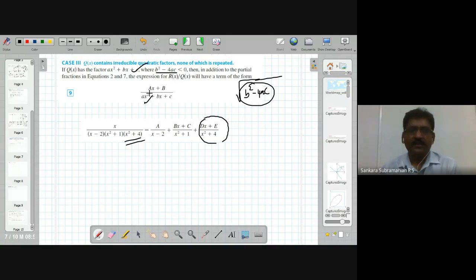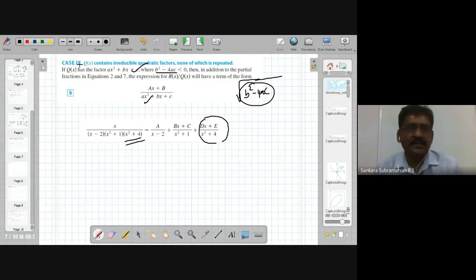You get 2ax, which is a constant times x, and if you differentiate bx, you get b. So a constant will appear. That holds good for a cubical equation also. But we are not concerned with the cubical equation, so we just talk about quadratic. Suppose you have x square plus 4 in the denominator, then you have to put a constant times x plus a constant in the numerator. That is the rule, right?